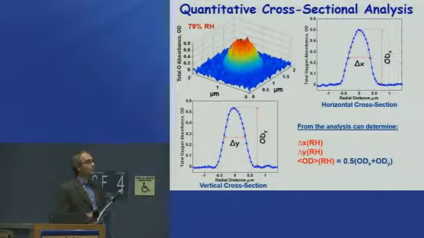And this is the basis of the model that we developed in conjunction with these measurements, which basically looks at the cross-sectional analysis, records the optical density corresponding to total oxygen along the main axis of different particles, and records them as a function of relative humidity, along with the full width at half maximum.